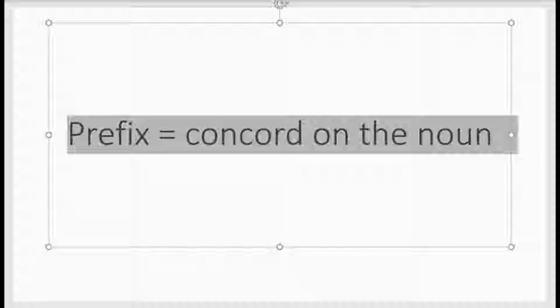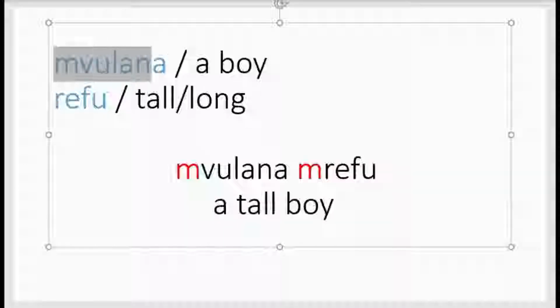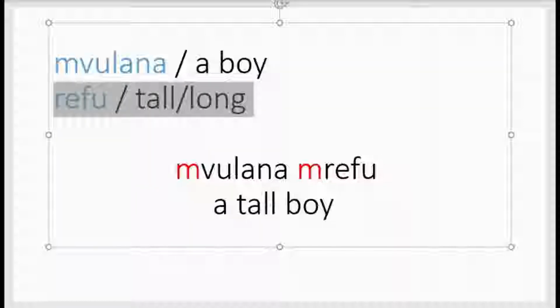I'll give you an example. You have mvulana, which means a boy. That is a noun. And you have an adjective here, refu, which means tall or long.